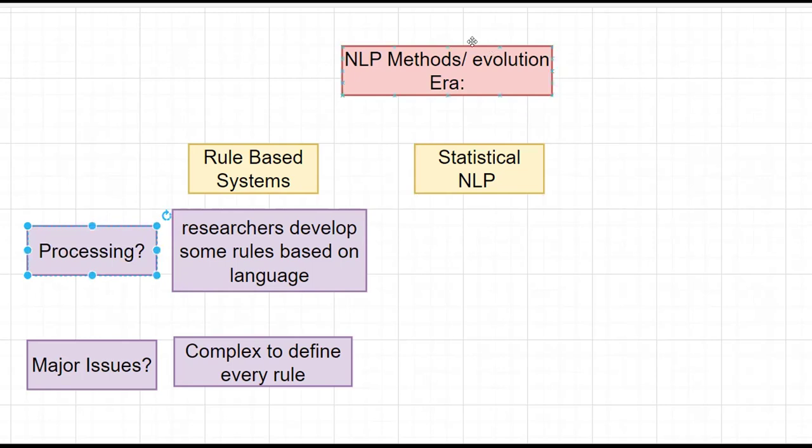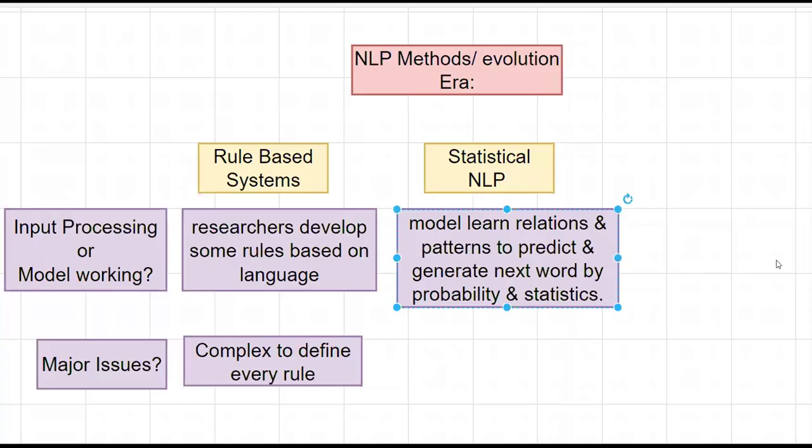Let's define this processing, or how the model is working: in statistical NLP, the model will learn the relations and patterns in the input to predict and generate the next word by using probability and advanced statistical methods.